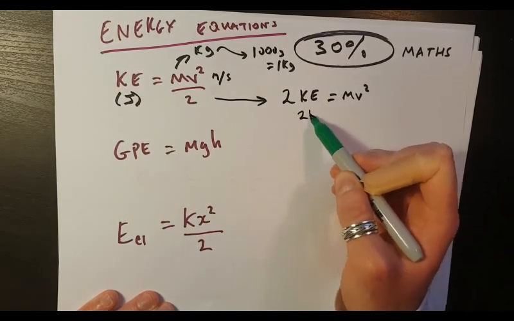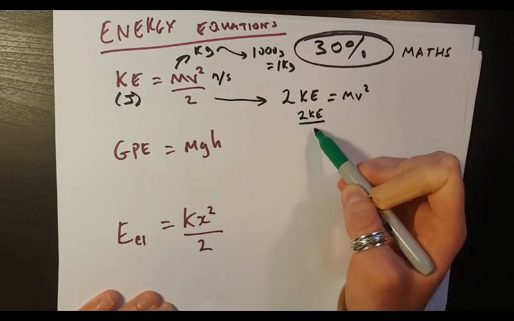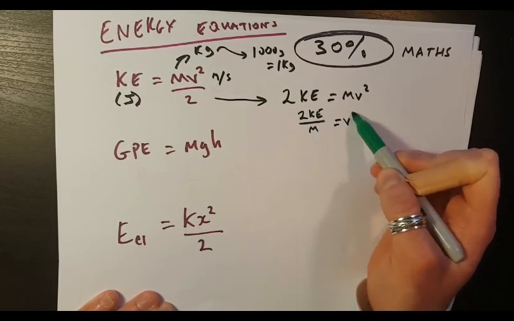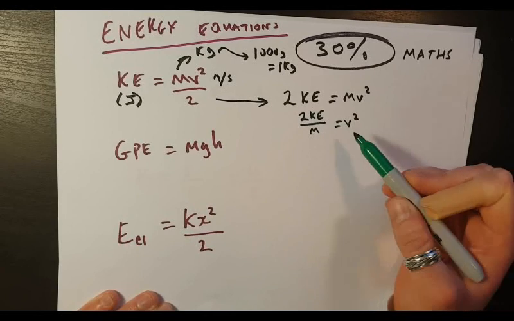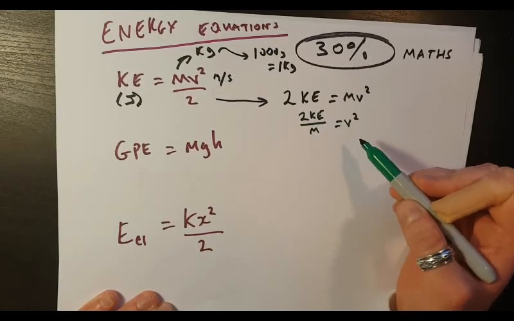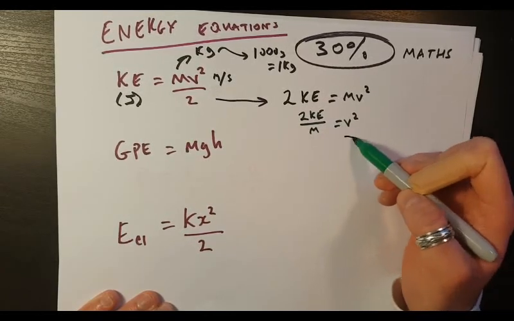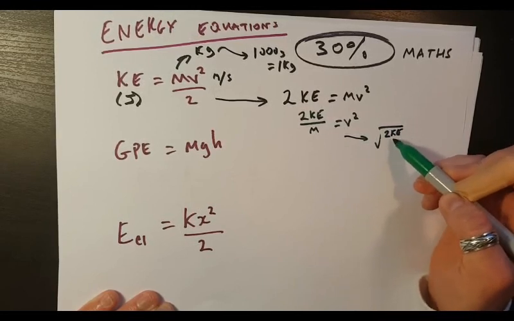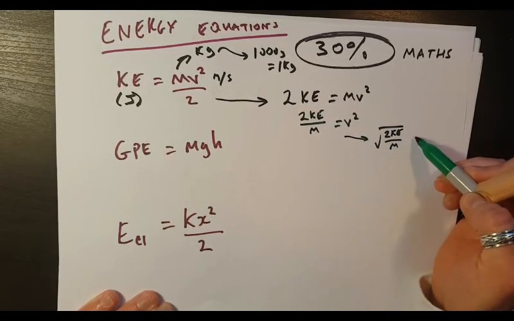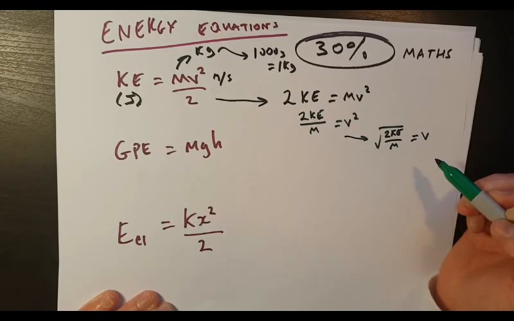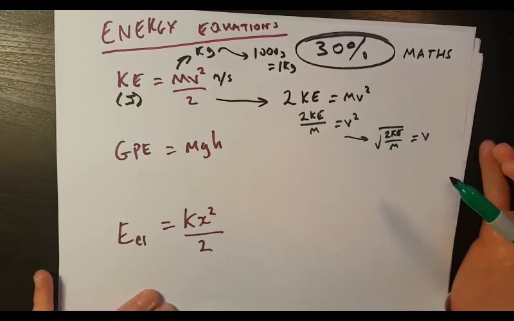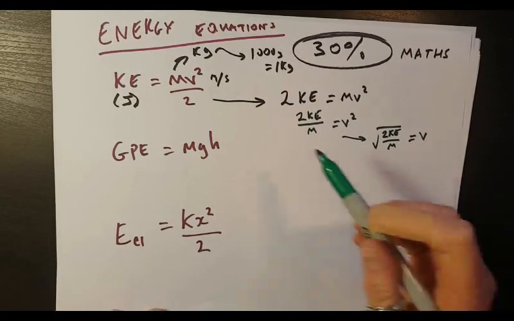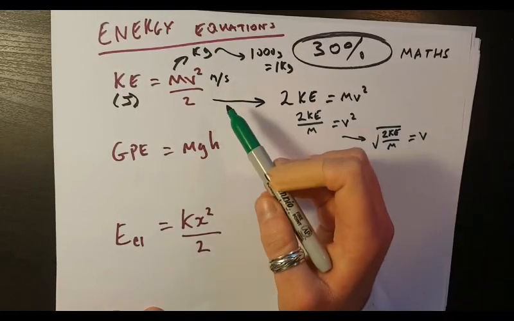So we'd have 2 times kinetic energy divided by mass equals velocity squared. Right, now we just need to get rid of the squared. So we're going to square root it. So we end up with the square root of 2 times kinetic energy over mass equals your velocity there. Then you simply plug in the numbers into the calculator, making sure that you remember to convert the units.